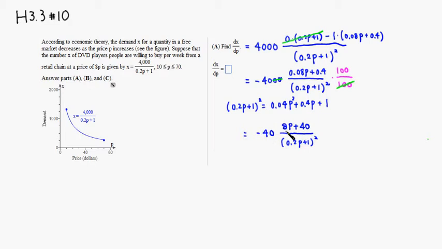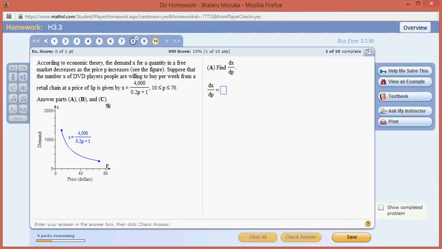There's an 8 in common, so I'll pull that out. 8 times 40 would be negative 320, so we have p, and if you pull out 8 from 40, that would be 5, all over 0.2p plus 1 squared. So let's type that in.